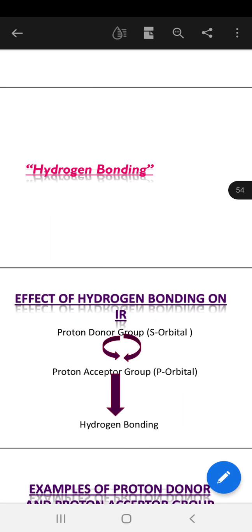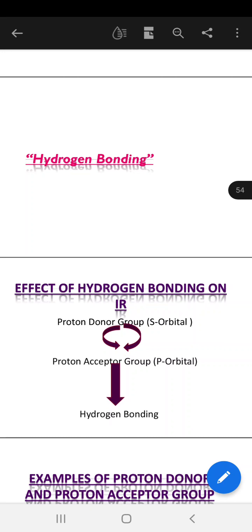Now hydrogen bonding, the CH, NH, OH types of hydrogen bonding present in the molecule, also leads to a change in the vibrations. There are proton donor groups and proton acceptor groups.